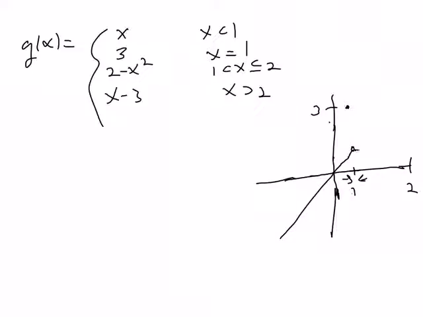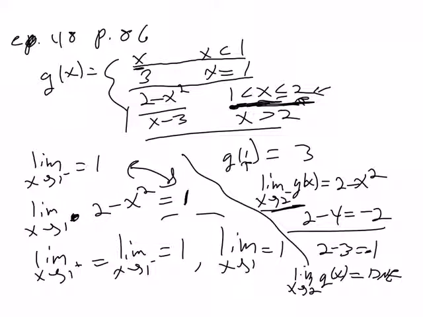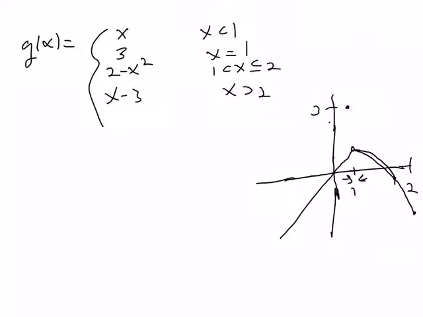We're going to have a quadratic equation going down, until we hit 2 over here. And as we saw, our limit when we approach from the left was -2. So over here we have -2 right when we hit 2.